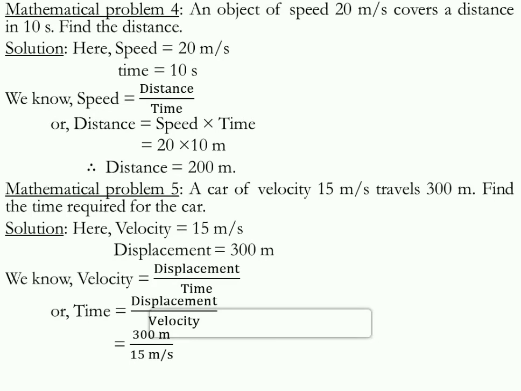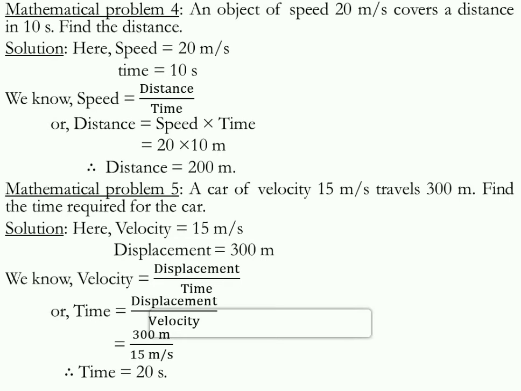So it becomes time equals to displacement by velocity, and just putting the values, displacement 300 divided by velocity 15, we have time equals to 20 seconds. So if we have to find out time by given speed or velocity and distance, then we can use this formula.